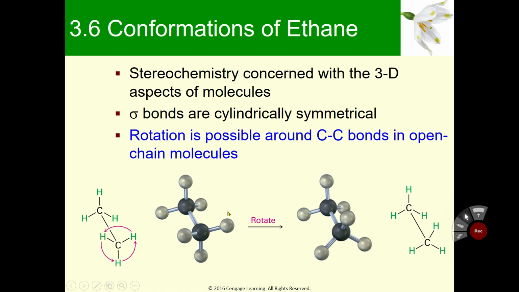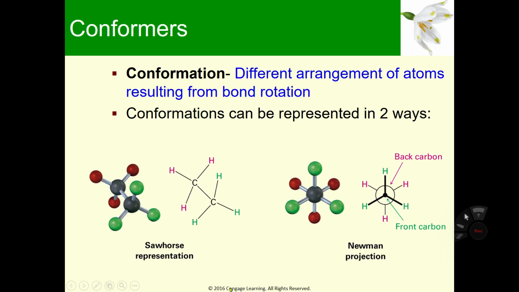This is a modeled structure. But if you look at this modeled structure, we can easily recognize that these two hydrogens are in a very, very small space, and they try to collide with each other. The conformation means different arrangement of atoms resulting from bond rotation. Okay, they are the same molecule, but they may have different conformation.